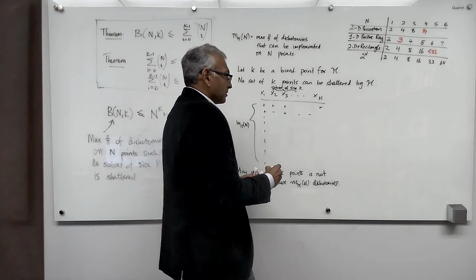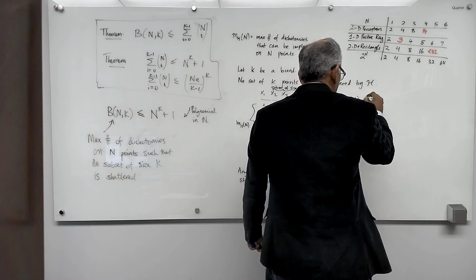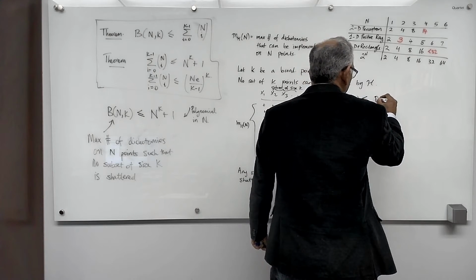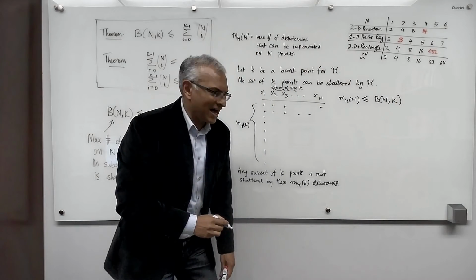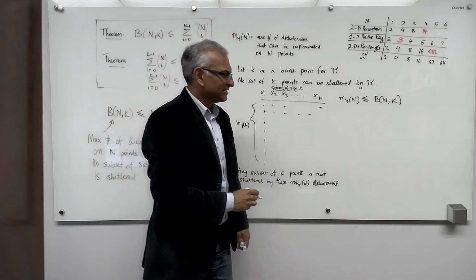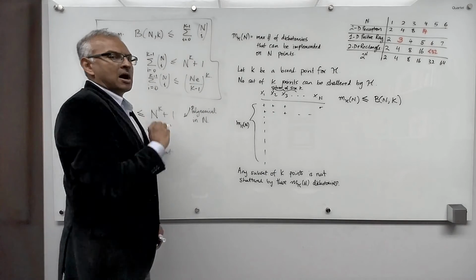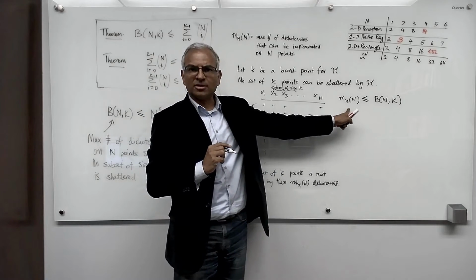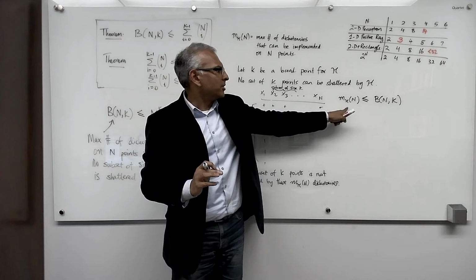So M sub h of n is at most B of n and k. Voila! That is the link. This combinatorial quantity gives us an upper bound on the growth function for any hypothesis set that has a breakpoint k.